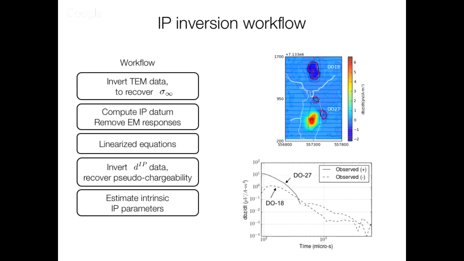Because we're going to do it at each time channel, we'll use those to estimate intrinsic IP parameters. Rather than generating everything, putting it all in one hopper and trying to find conductivity, chargeability, tau, and C, we're just going to do independent time channels.